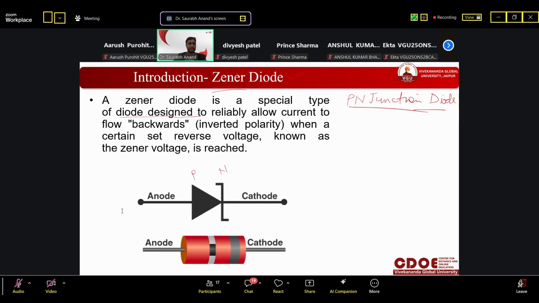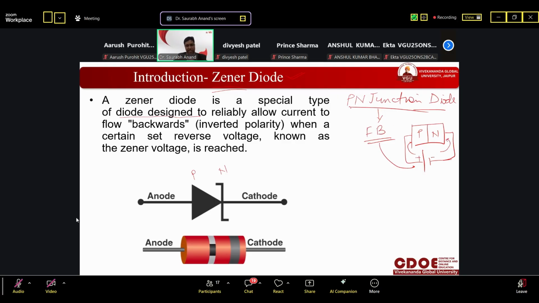The difference is that this PN junction works in forward bias. This is P, this is N, so it should be connected like this: positive is connected with P, negative is connected with N. So this is forward biased.